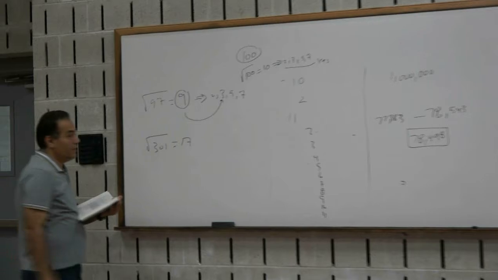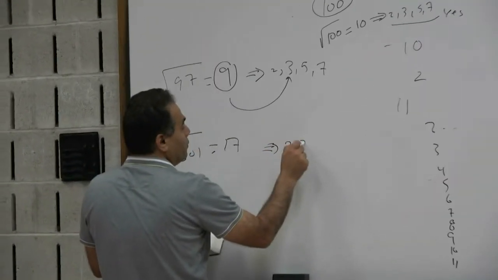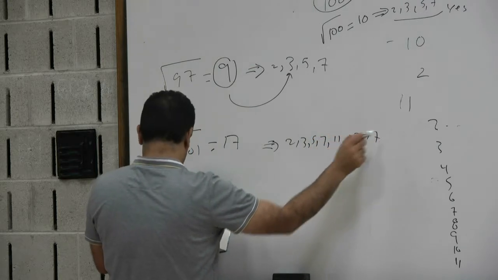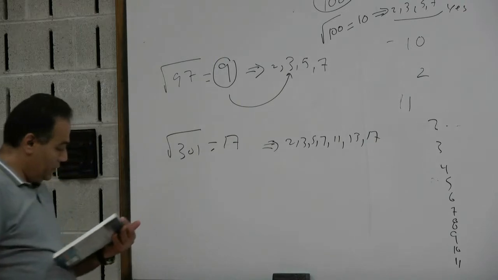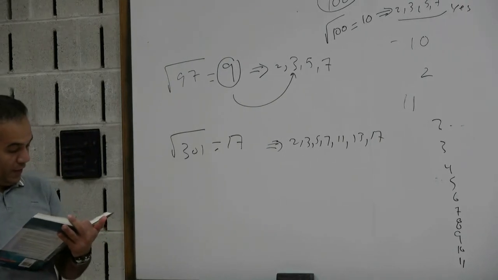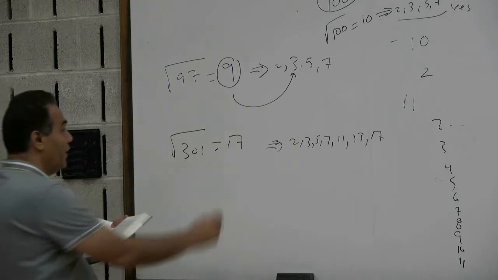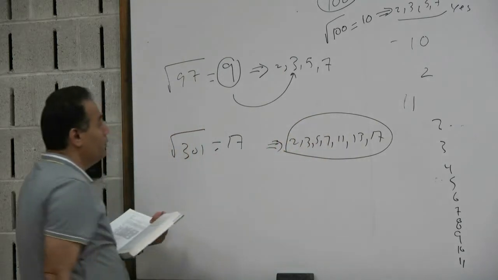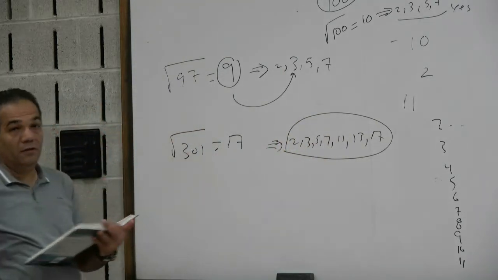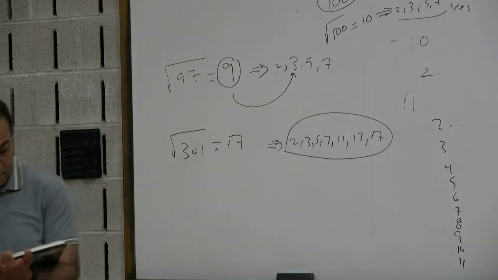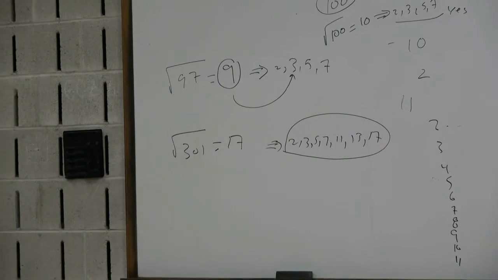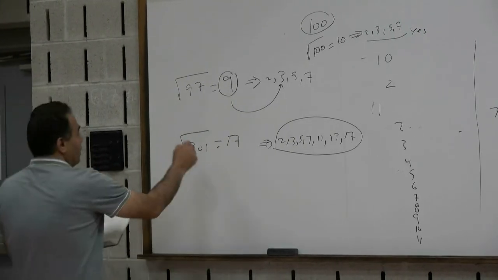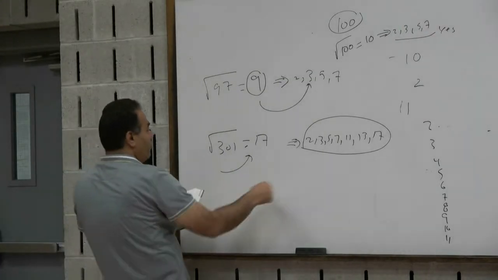So what are the primes less than 17? 2, 3, 5, 7, 11, 13, 17. So, could any of these divide the 301?